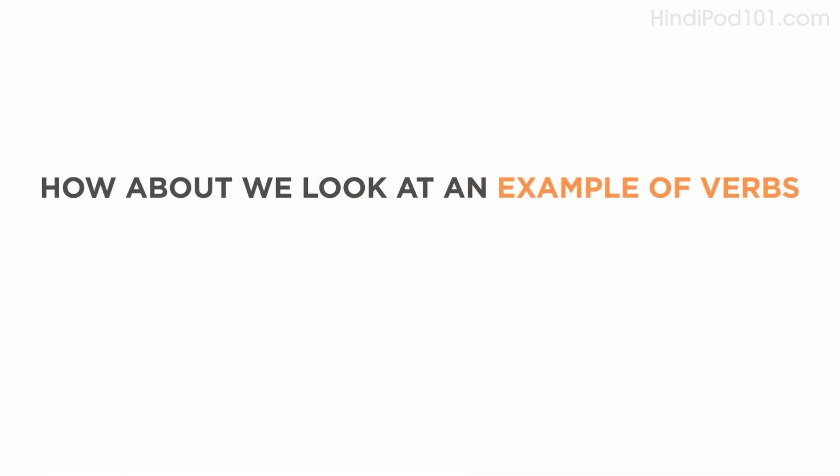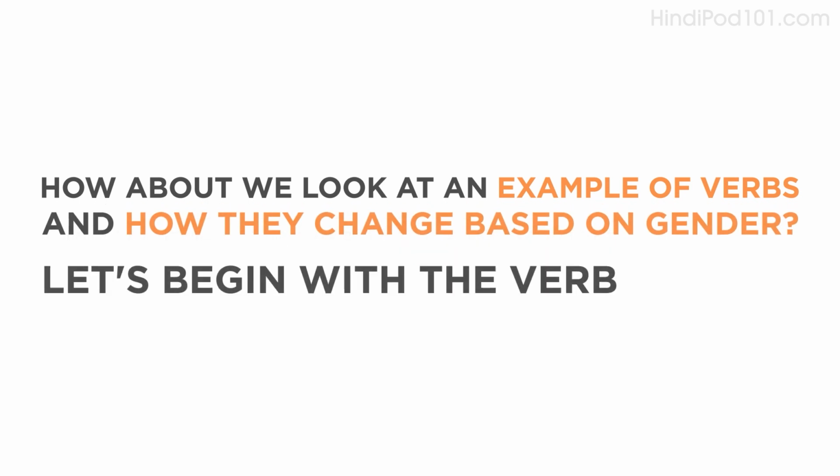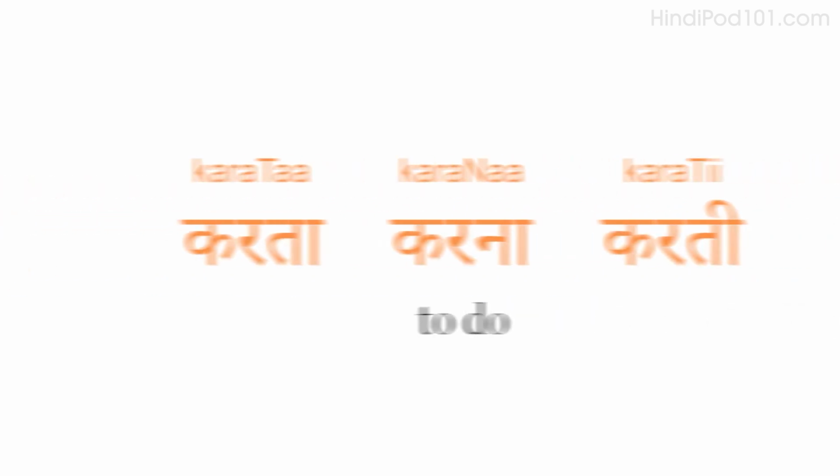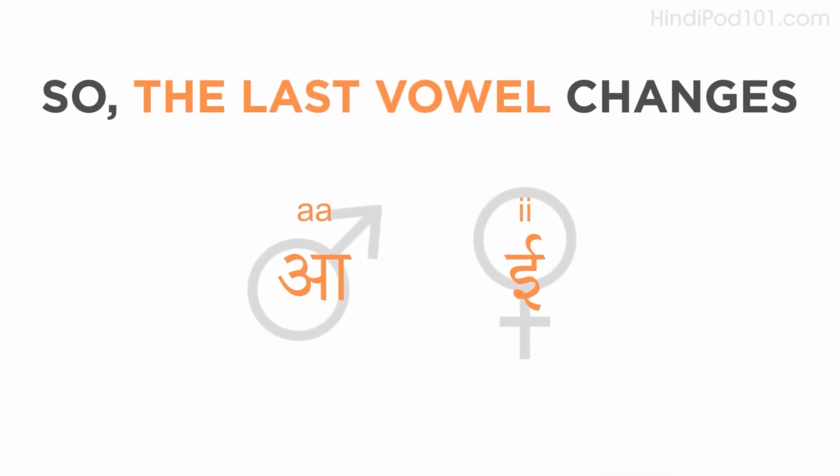How about we look at an example of verbs and how they change based on gender? Let's begin with the verb to do. Sure, in Hindi, to do is karna. If you are female, you would say karti, and if you are male, you would say karta. So, the last vowel changes. It is e for females and a for males.